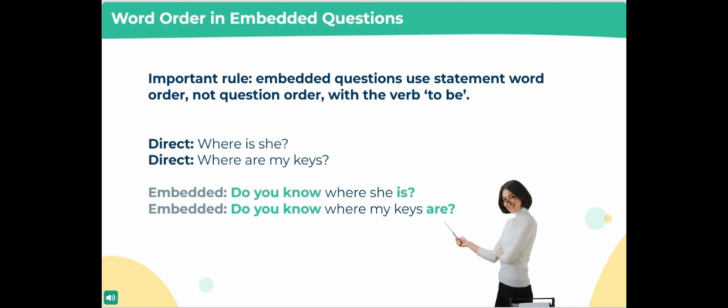Where are my keys? Embedded: do you know where she is? Do you know where my keys are? So with the verb to be, embedded questions use statement word order, not a regular question order.